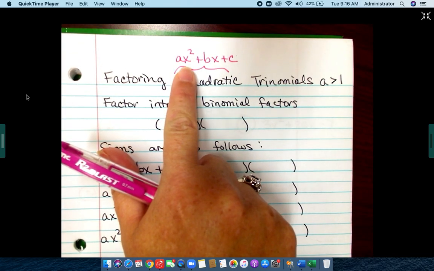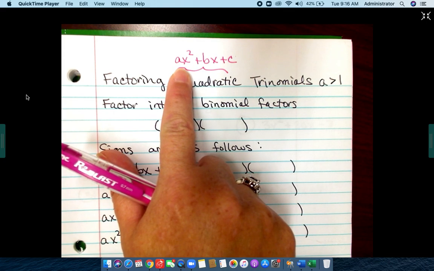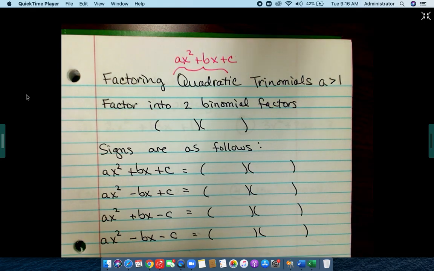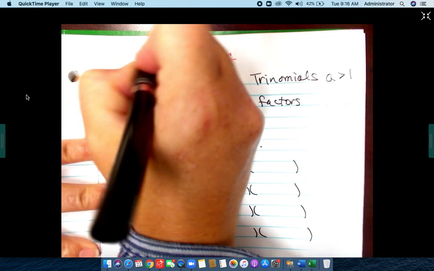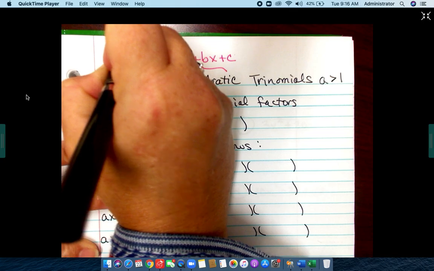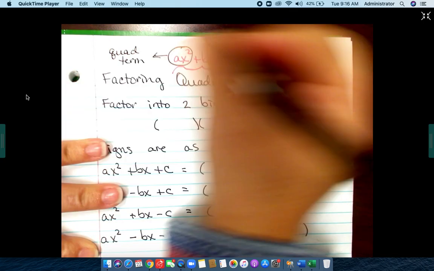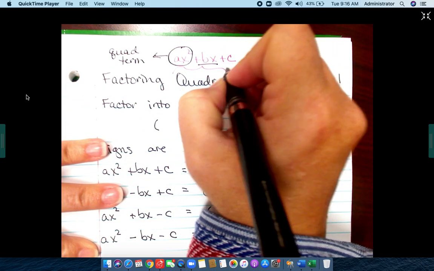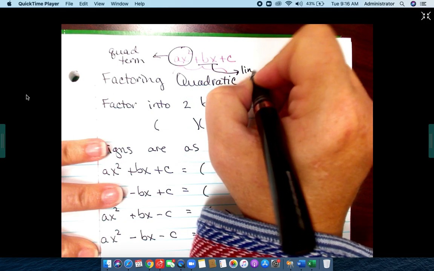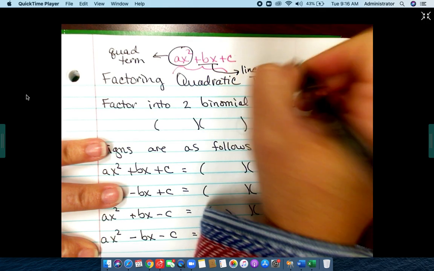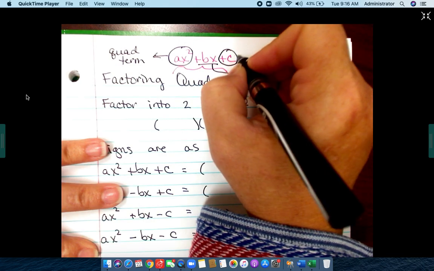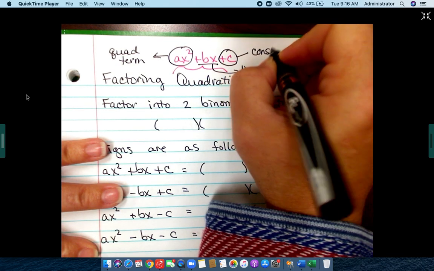Again, we talked about vocabulary in the a equals 1 video, where I called this term the quadratic term. This term here, the linear term. And this term here, your constant term.